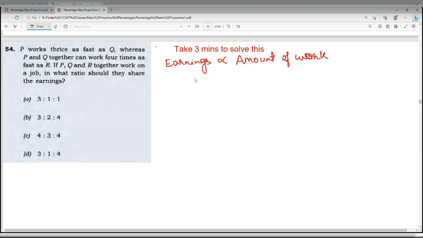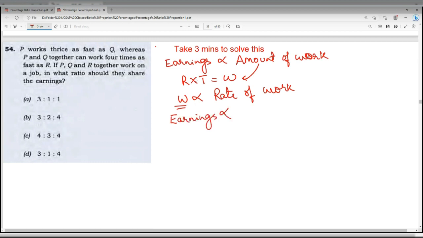Now, for the amount of work, we have the formula R into T is equal to work. So this amount of work is directly proportional to the rate of work that each person does. And since work is directly proportional to the rate of work, earnings are also directly proportional to the rate of work.